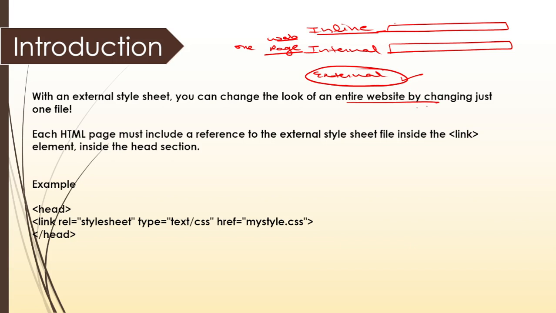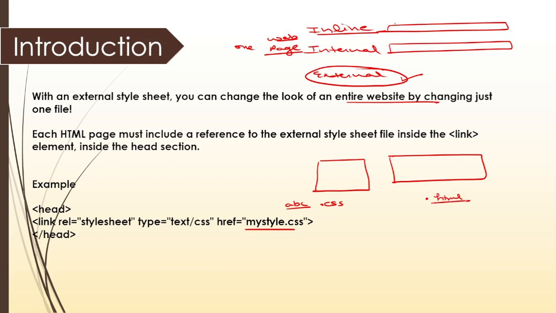In case of external CSS, we should always have two files. First is a .css file, let's say abc.css, mystyle.css, as you can see here, and another is your general .html file that we have created so many times, a basic HTML file.